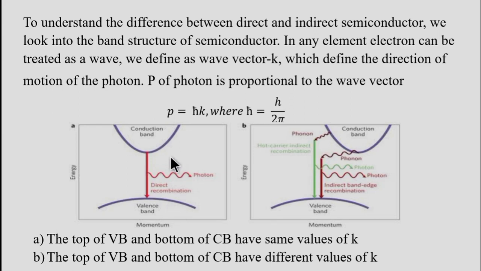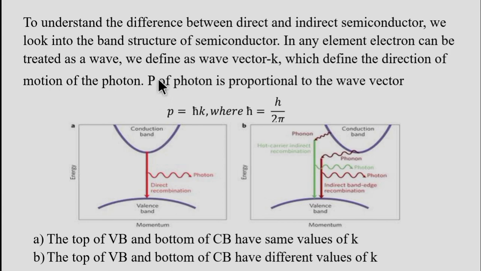Now to understand the difference between direct and indirect band gap semiconductors, we look into the band structure of semiconductors. Suppose this is the band structure of gallium arsenide, which is a direct band gap material, and this is silicon, which is an indirect band gap material. In any element, an electron can be treated as a wave. Quantum mechanically, we can treat the electron by its dual nature, from the Heisenberg uncertainty principle. Then we define its wave vector k, which defines the direction of motion.